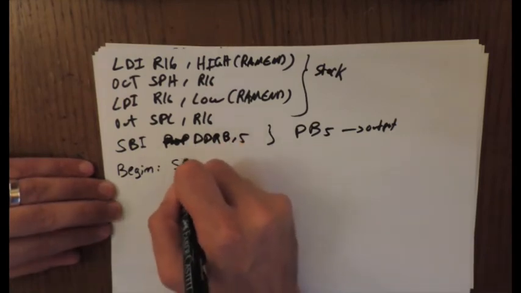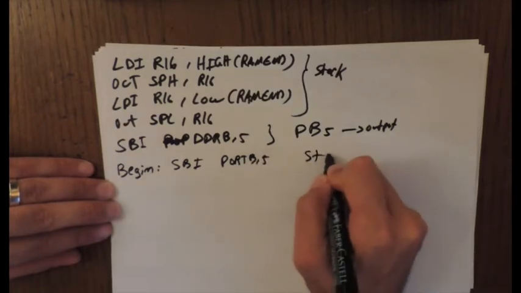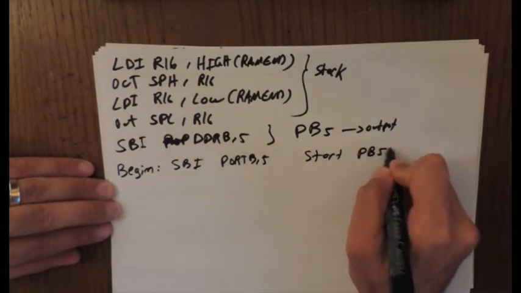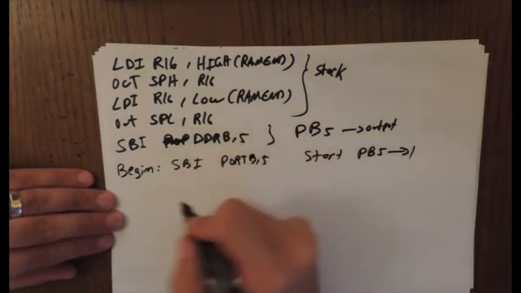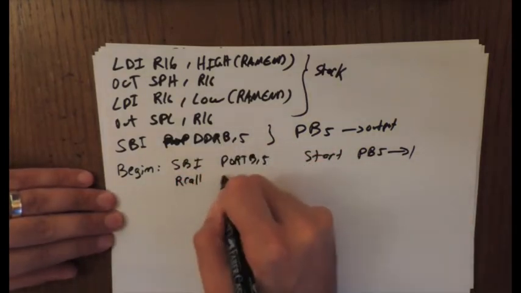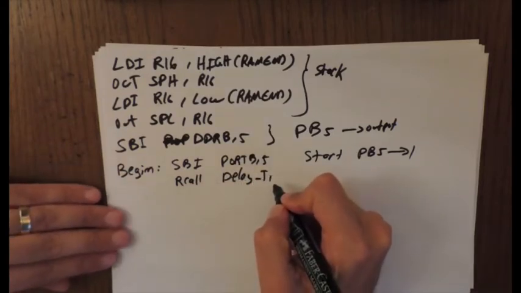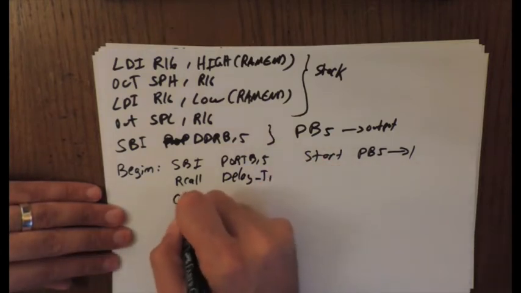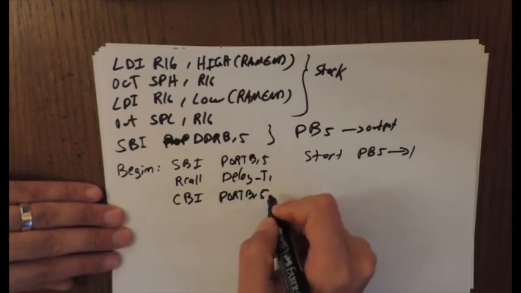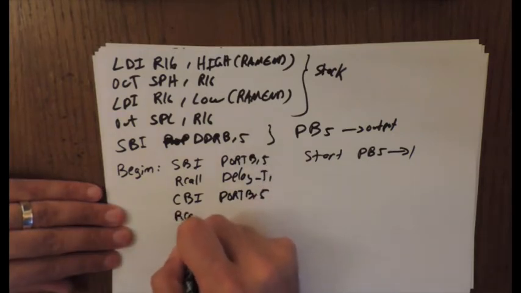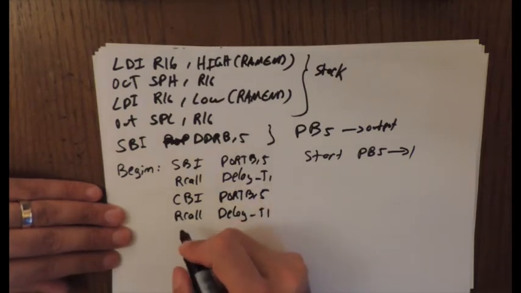I'm going to say SBI PORTB, 5, start with PB5 equal 1. It can be 0, it can be 1, it doesn't matter. Then RCALL delay_timer1, and then CBI PORTB, 5, and RCALL delay_T1, and then we repeat again.